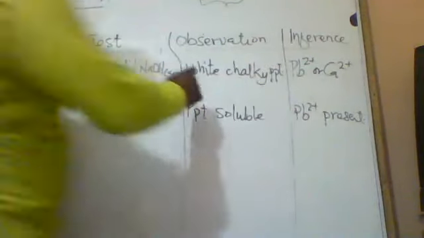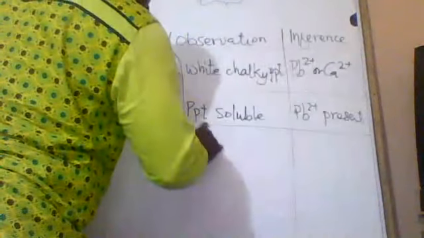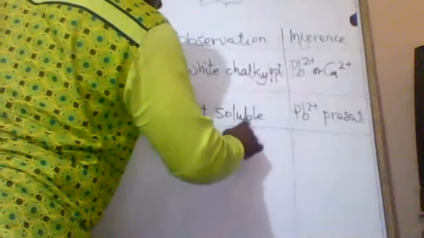So in excess, PPT soluble, Pb2+ present. But if it were to be calcium, the PPT will be what? Insoluble. PPT insoluble. Then that one you say that it is Ca2+ which is present.